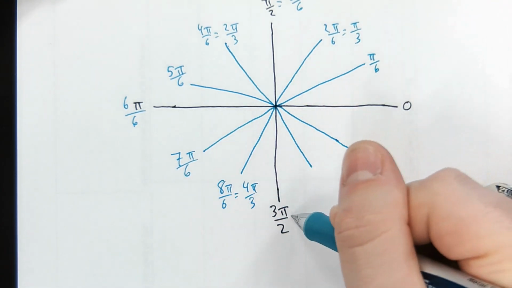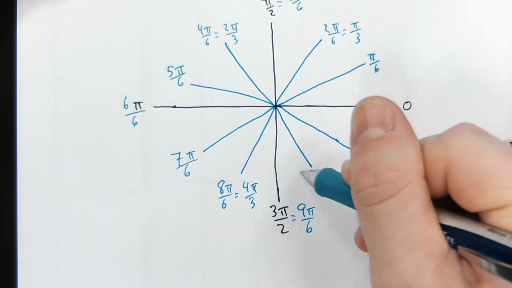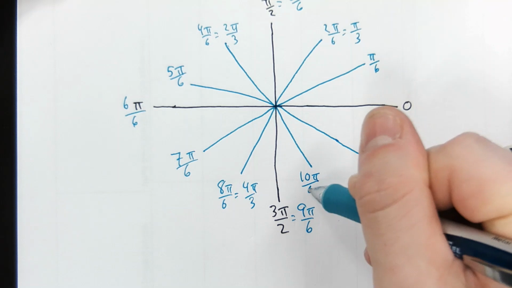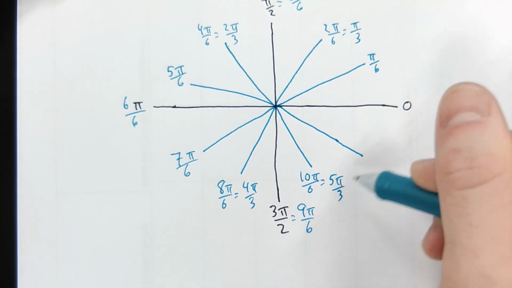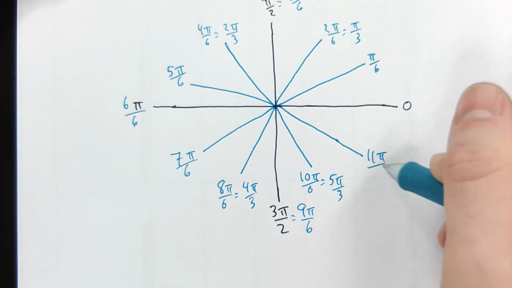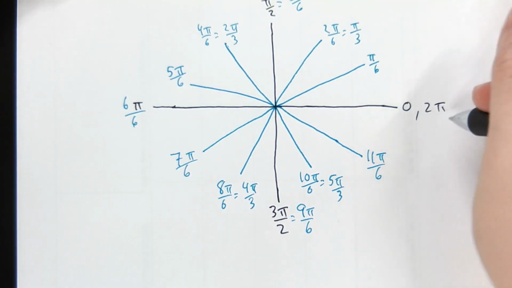Here's 9 pi over 6. Here's 10 pi over 6, which does reduce to, again, one of the purple ones, 5 pi over 3. 11 pi over 6. And then lastly, 2 pi is 12 pi over 6s.